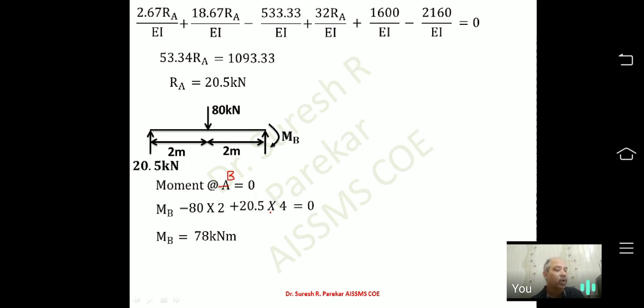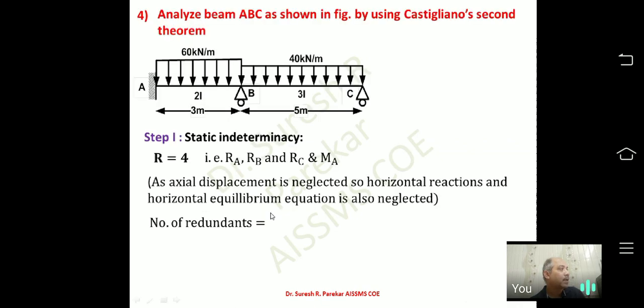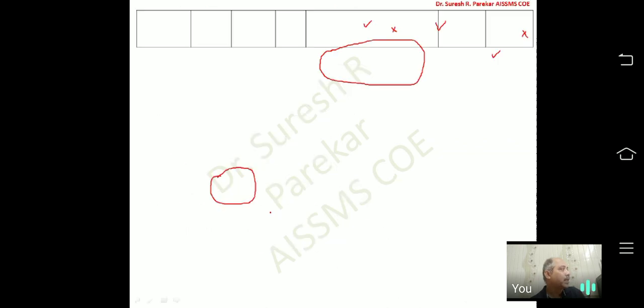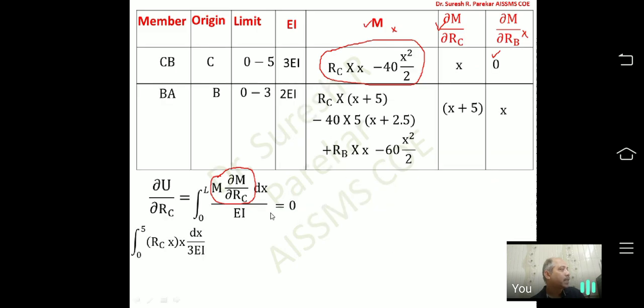If you go to the next problem also, you have to separate out each beam, and by separating you are in a position to find the values. That is most important, how to calculate values from this. Here also, let us see if I have calculated these values or not.